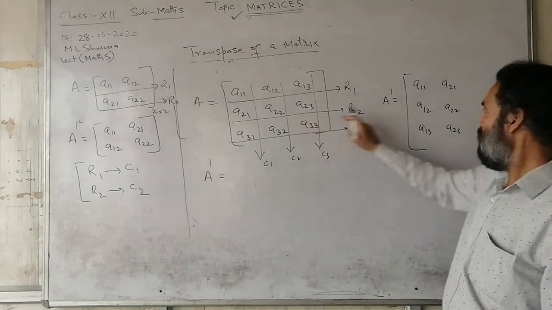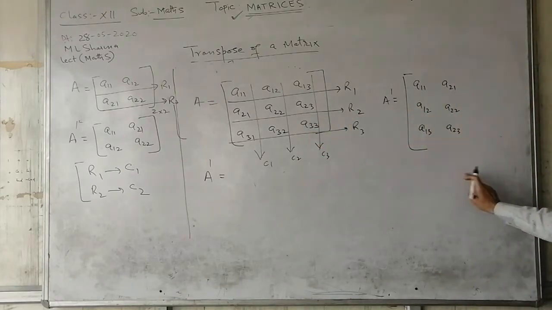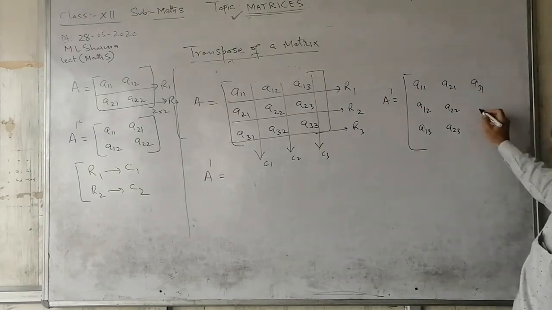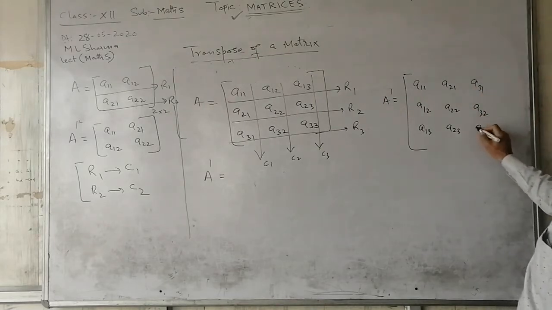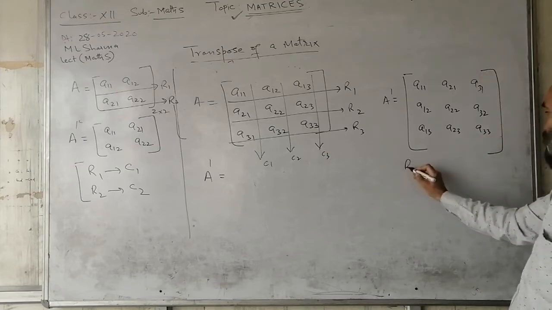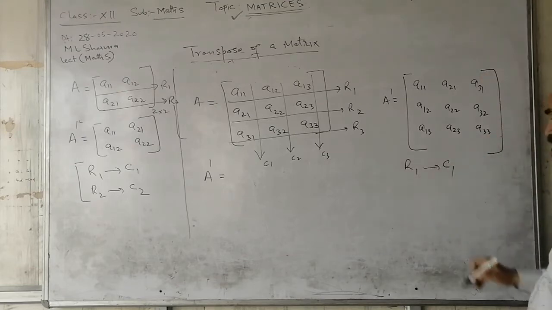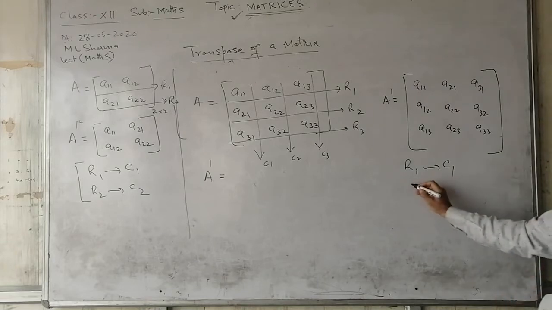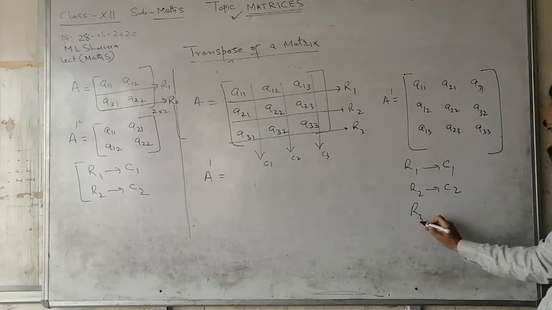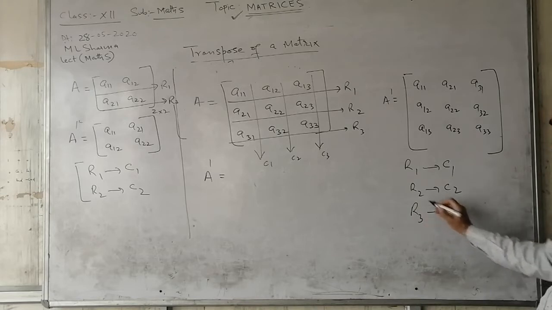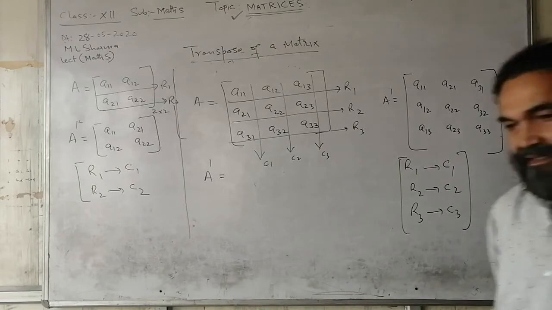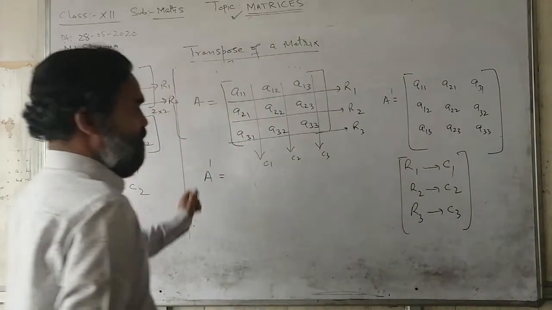So this R2 is changed into C2. And the R3, that is A31, A32, A33. So simply here we have changed R1 into C1, R2 into C2 and R3 into C3. So this is the procedure followed to find the transpose of a matrix.